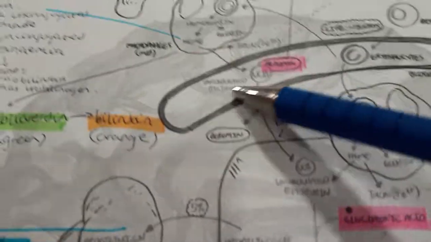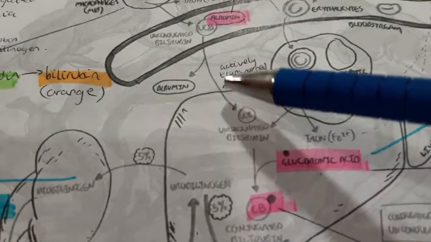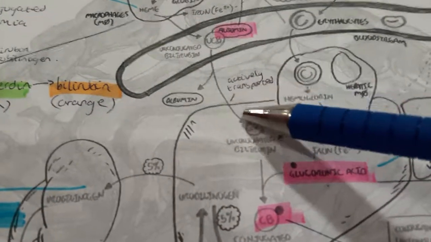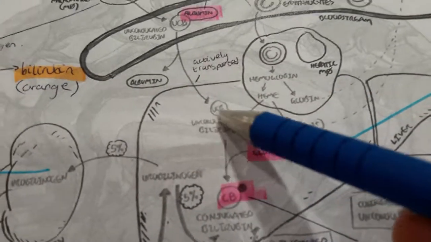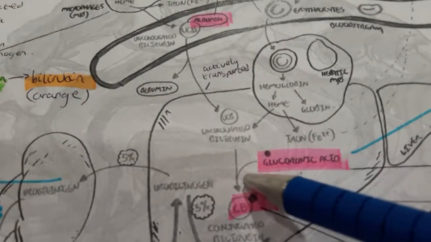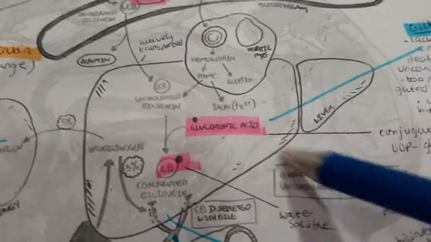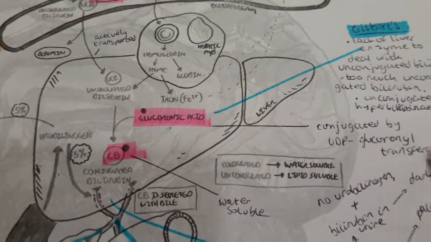The albumin and unconjugated bilirubin travel to the liver, where it's actively transported across the liver membrane, and in the liver it's conjugated, as shown here, this conjugation step, with glucuronic acid by an enzyme called UDP glucuronyl transferase.